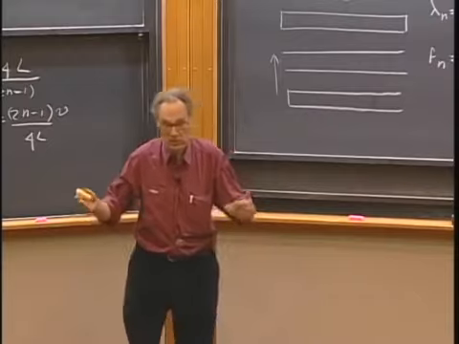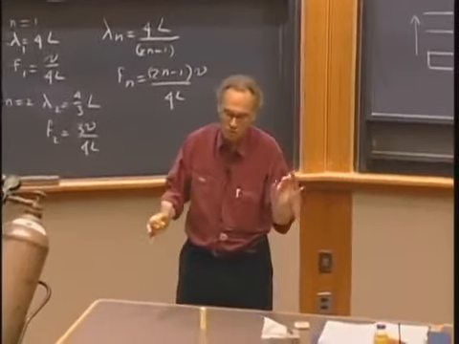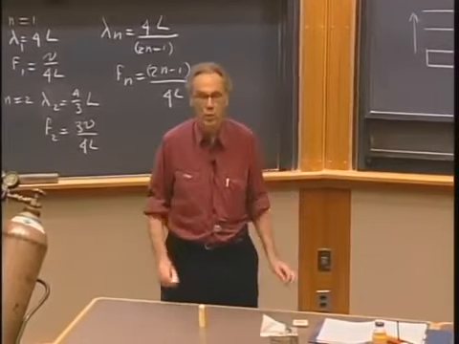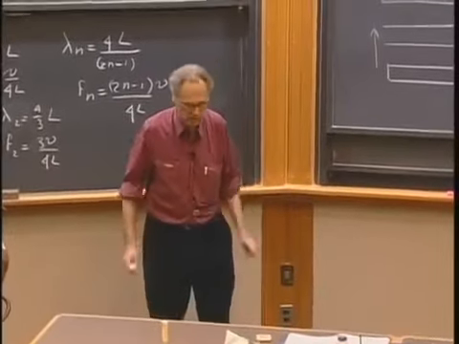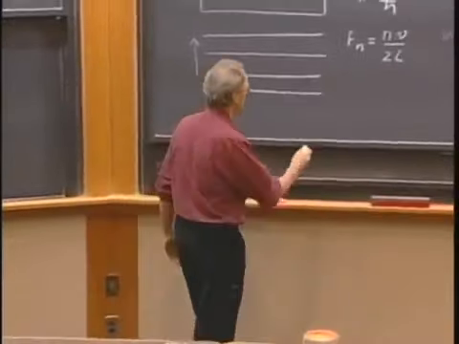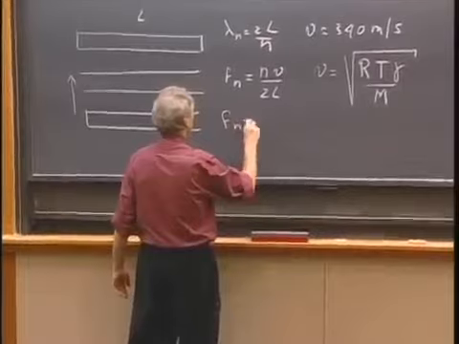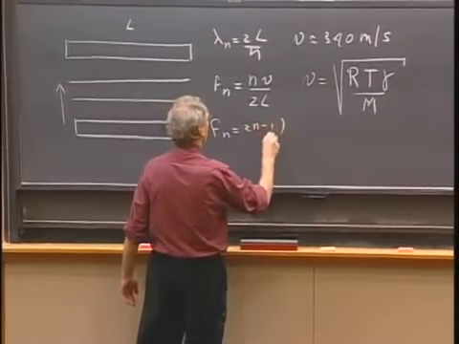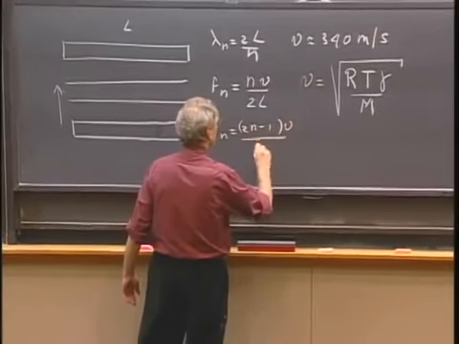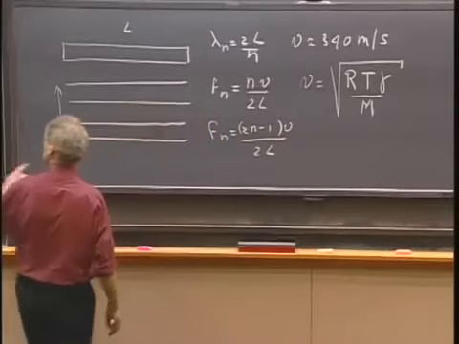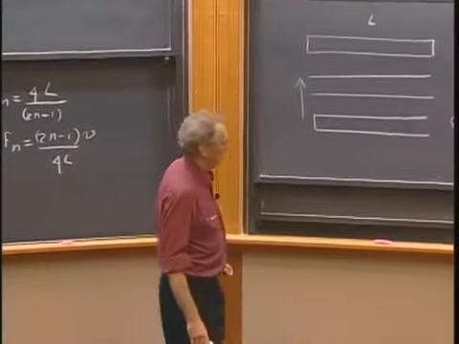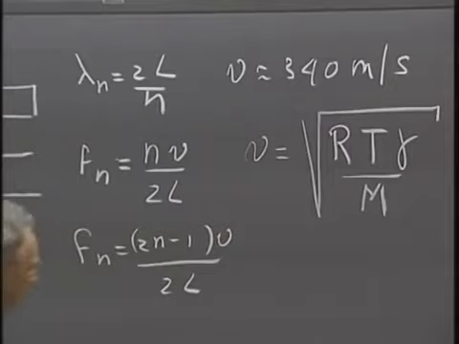The clarinet comes very close to being almost closed at one side and open at the other, but there are many musical instruments which are open on both sides. So then you would have that f of n equals 2n minus 1 times v divided by 2L. So then you have indeed this case which we dismissed for string instruments, divided by 4L.